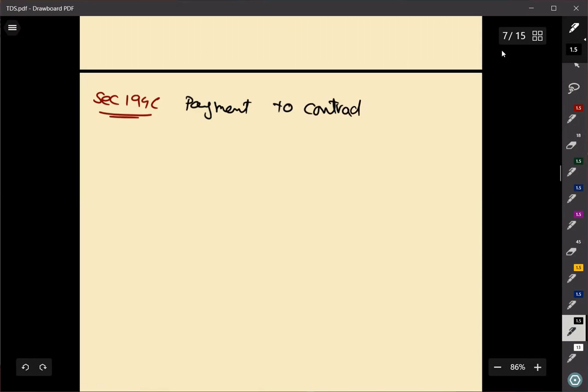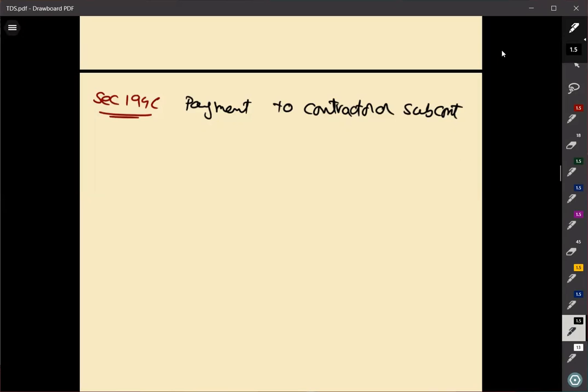Section 194C. So this section 194C is speaking about any sort of payment. Whenever you are doing any sort of payment, to whom? To a person called a contractor or a person called a subcontractor. You are engaging a contractor, catering.